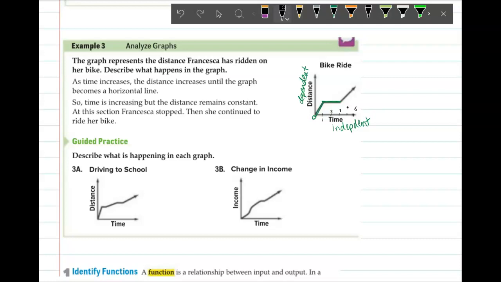And then from minute 1 to minute 3, she stopped. Maybe she stopped at a red light. Maybe she stopped to talk to a friend. Maybe she stopped to tie her shoe. But she stopped. Her distance does not increase. And then after the 3-minute mark, it continues to increase. So she's then getting further away from her original location.